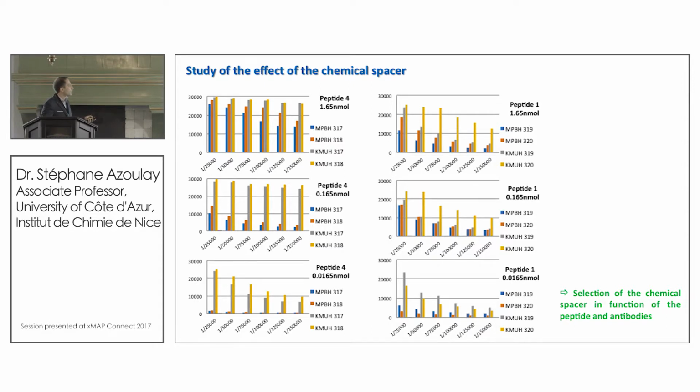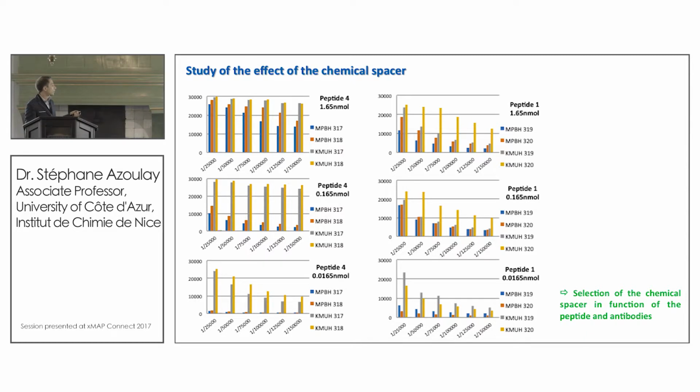What you can see on this slide is that when you decrease the peptide ratio, you have a strong impact on the fluorescence intensity with the MPBH-modified microsphere, here in blue and orange. However, with the KMUH-coupled microsphere, you do not have such a strong diminution of the signal. You get a diminution at the lowest point, which is logical, but you have a stronger intensity. This can be observed with all our peptides and all our antibodies.